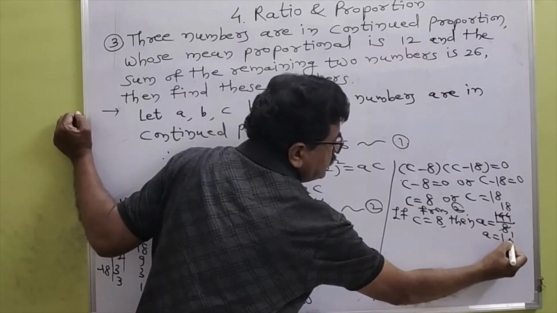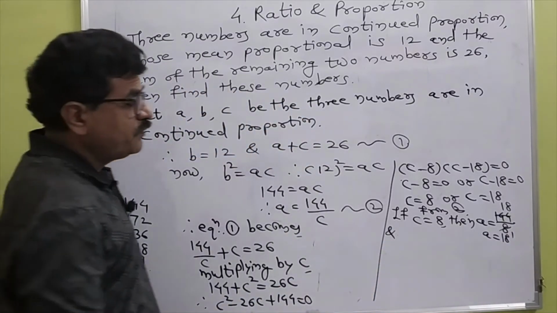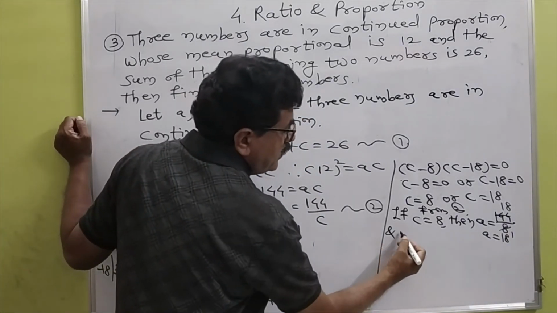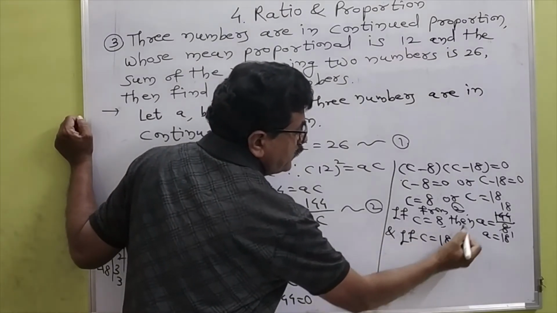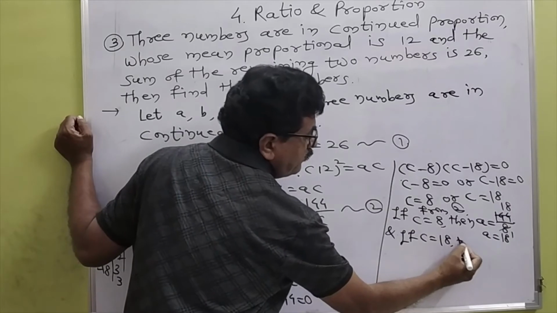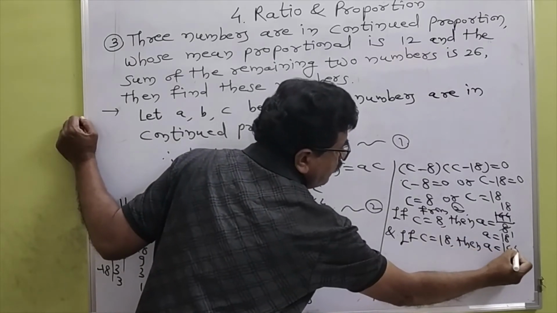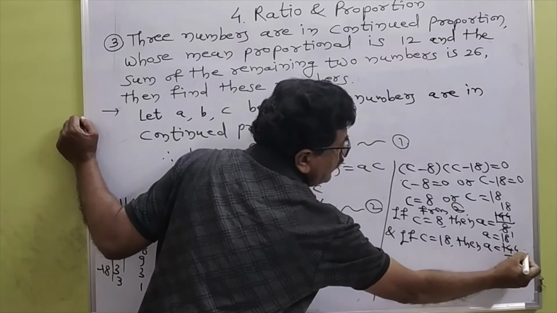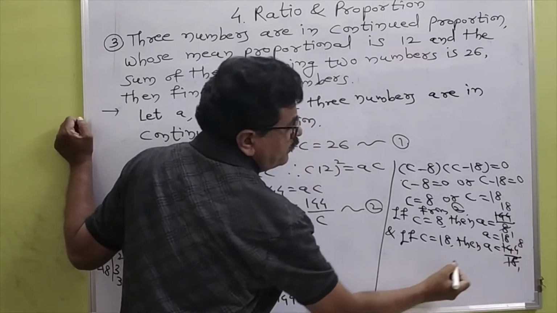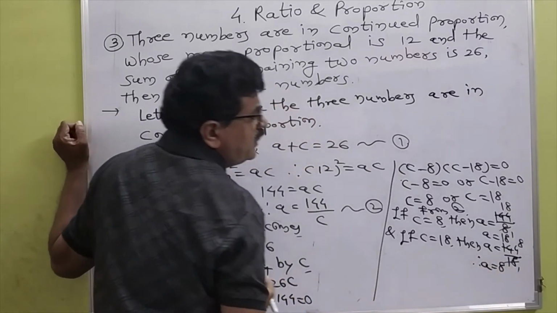Therefore a is equal to 18. And if c is equal to 18, then a is equal to 144 divided by 18, that is 8. Therefore value of a is equal to 8.